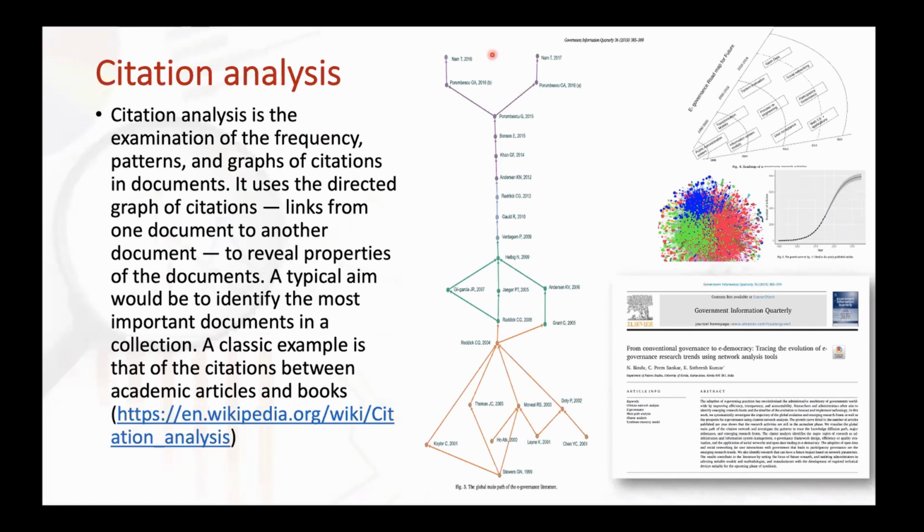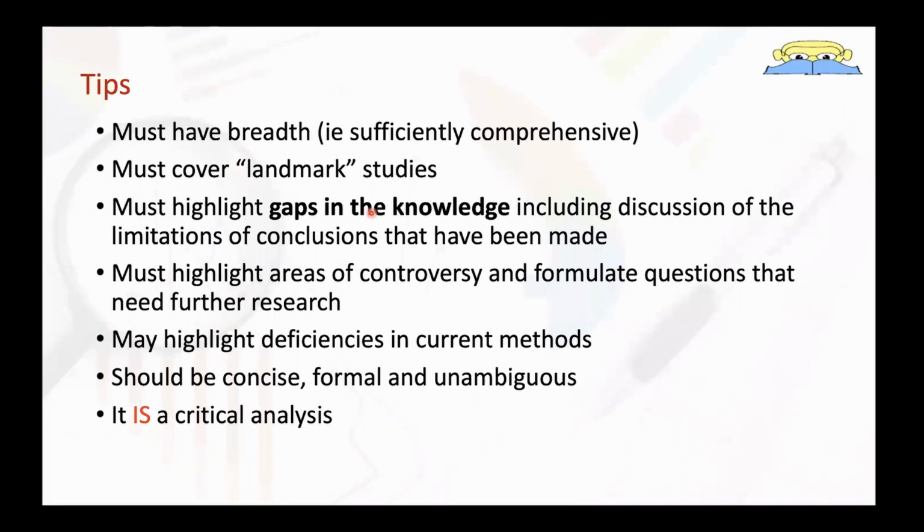If it's a new branch of science, it will show what the first paper published was, what the subsequent papers based on its citations were, and what subject areas emerged from that. You get that kind of overview when you do a citation analysis. That can form part of an introduction, and sometimes citation analysis can itself form a review paper. This is a modern trend, which you can sometimes try.